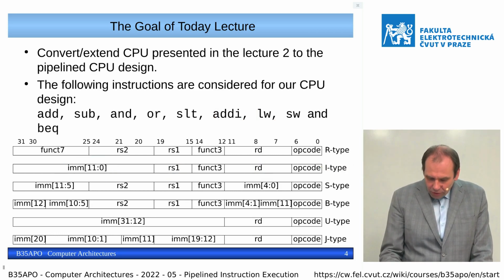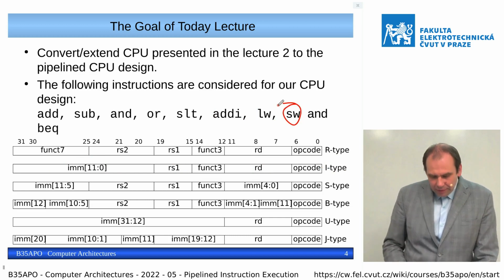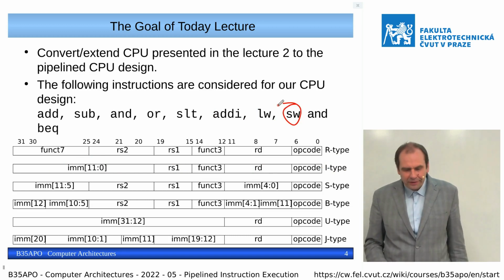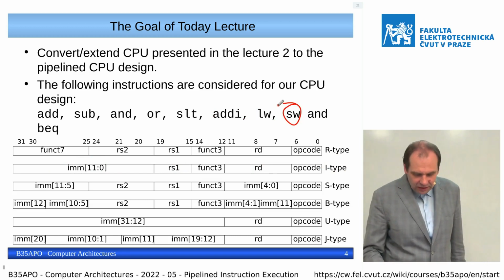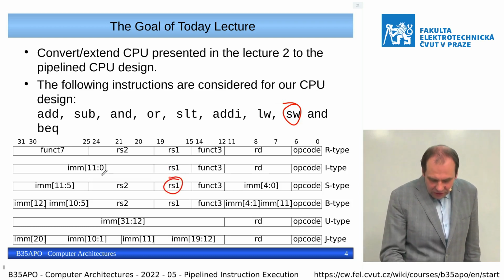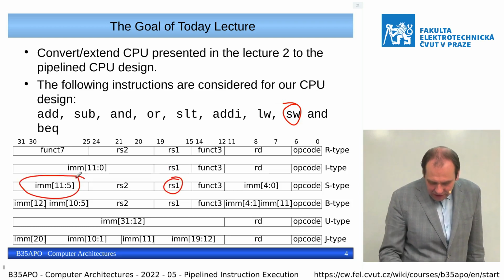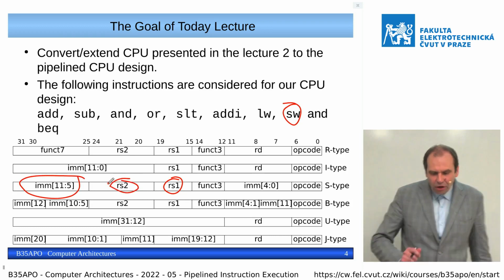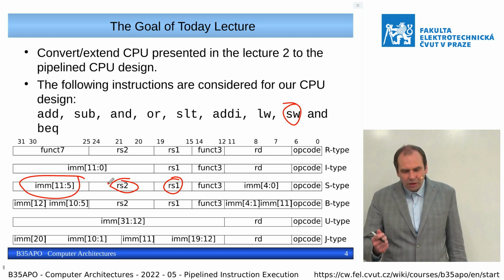For the store word, there is an exception when we compare it, for example, with a MIPS instruction set, because in this case we have one source register where we want to add the immediate operand, and another register which is again the source of the value which will be stored to the memory.